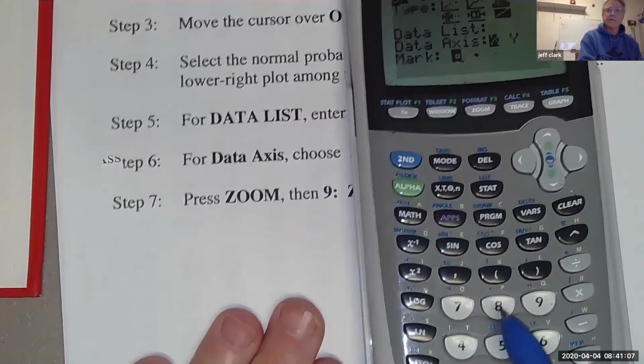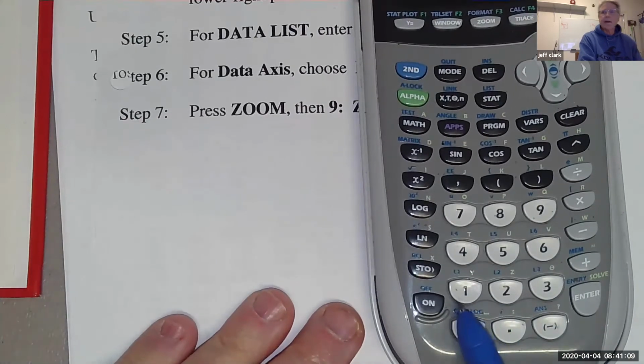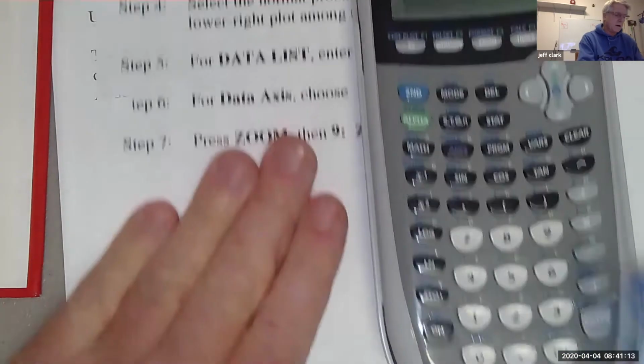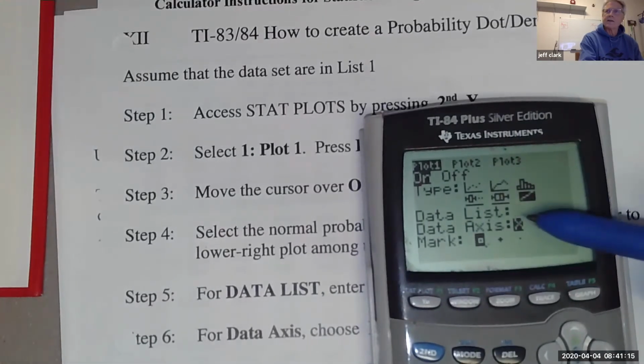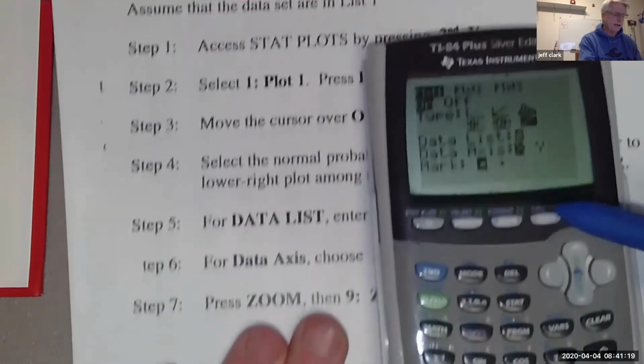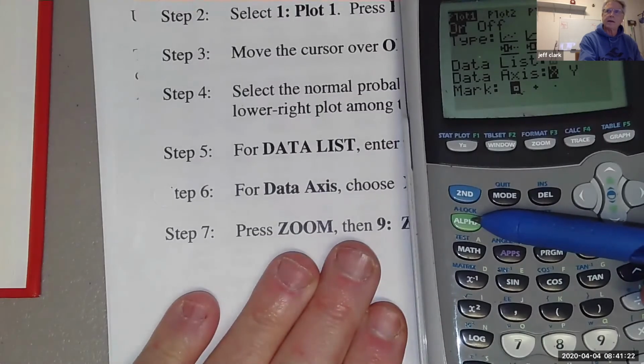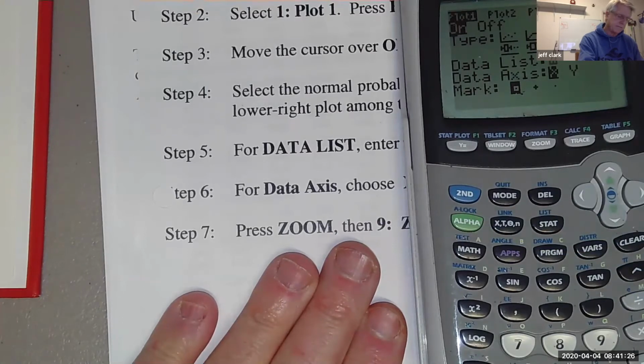For me, it's blue. For me, it's number 1. See right there, blue. See how that has this A blinking? What if yours doesn't have the A blinking? Then you want to do the alpha, because that's the alpha character. My mistake. You don't want alpha.